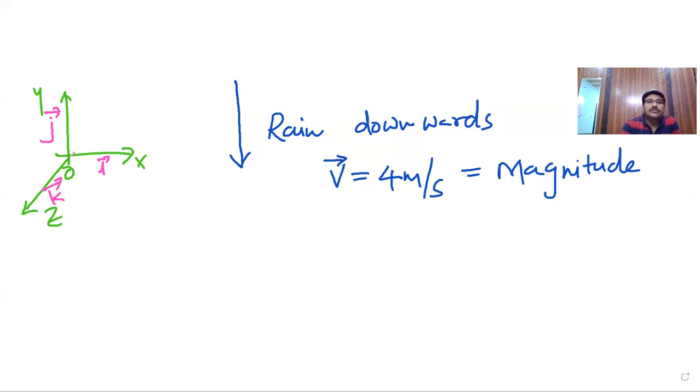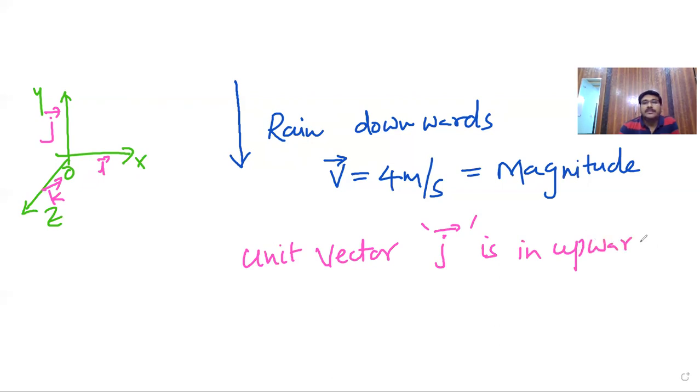Now he says unit vector j is acting in the upward direction. j is up. Unit vector j is upward.